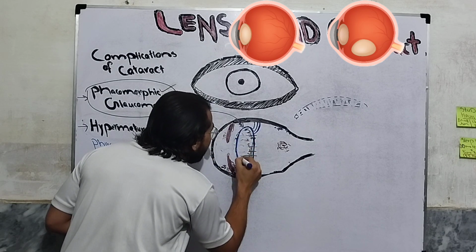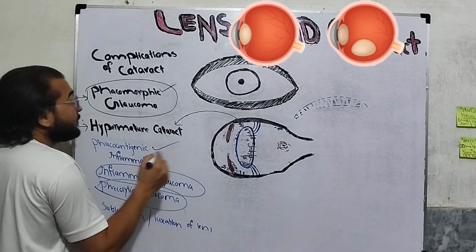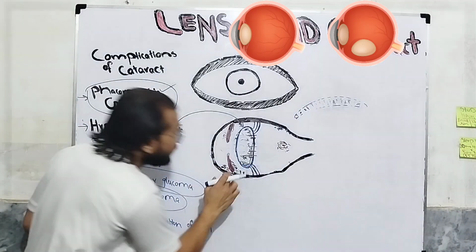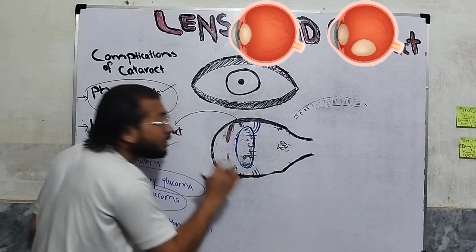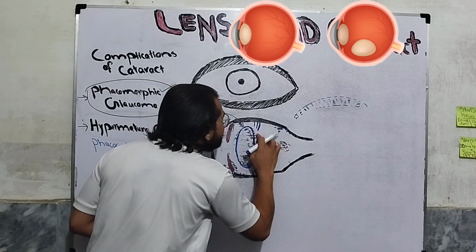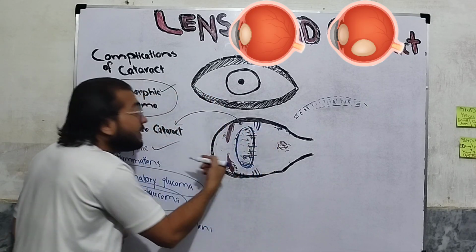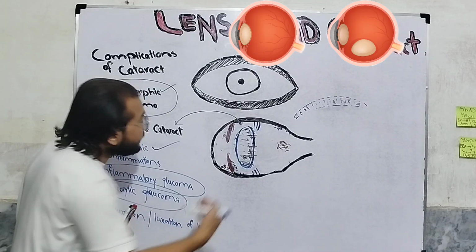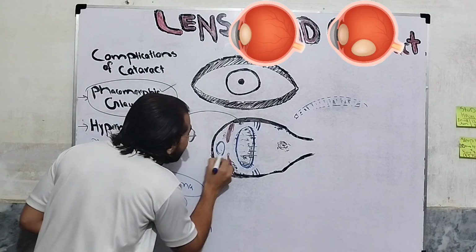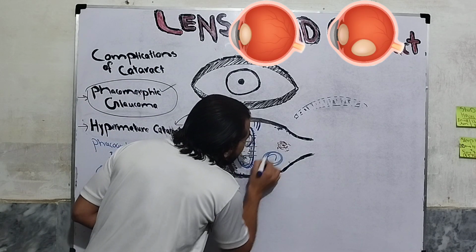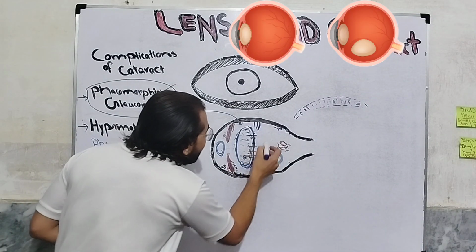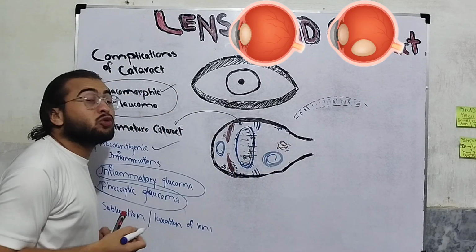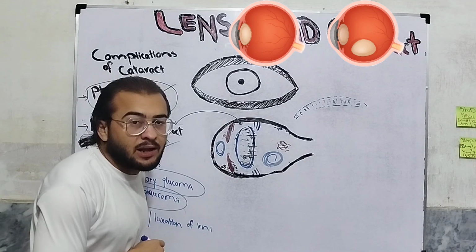Due to the shrinking in hypermature cataract, the zonular fibers can break, and now the lens can dislocate. It can completely come into the anterior chamber or posterior chamber, which is called luxation, and it can partially come into the anterior chamber and posterior chamber, which is called subluxation.